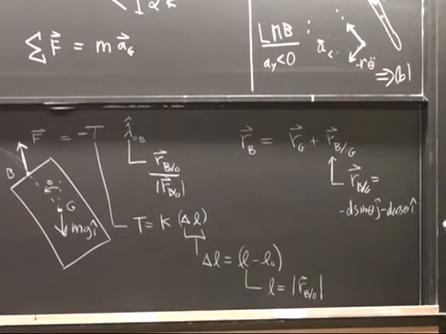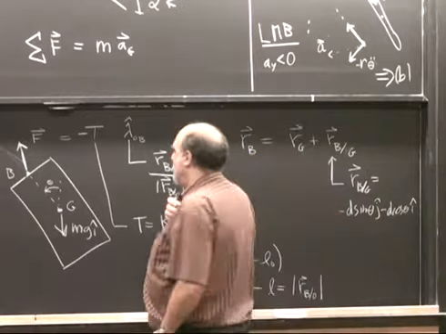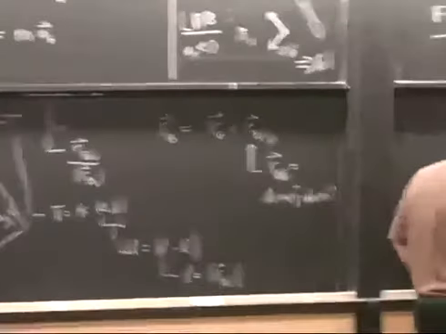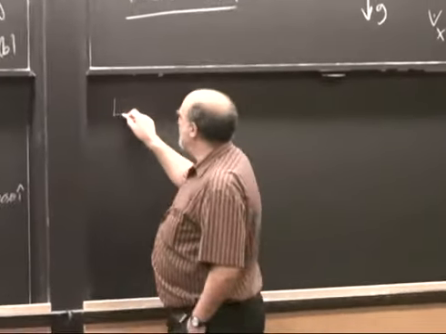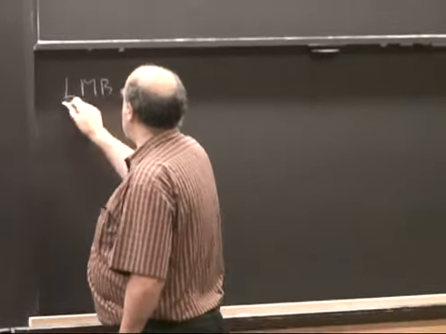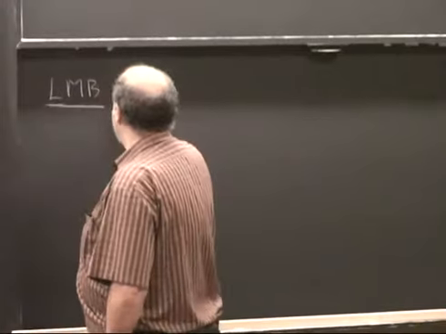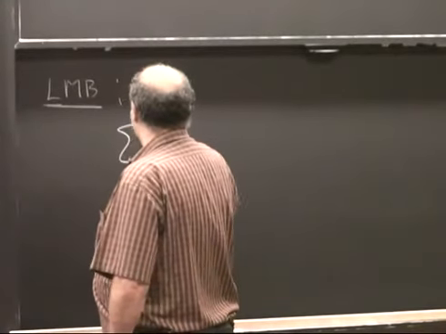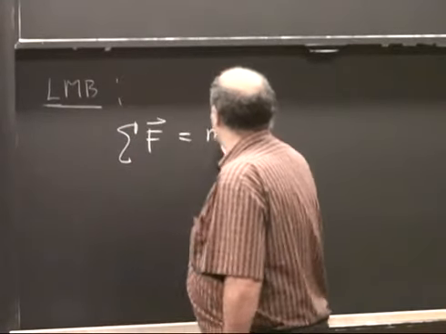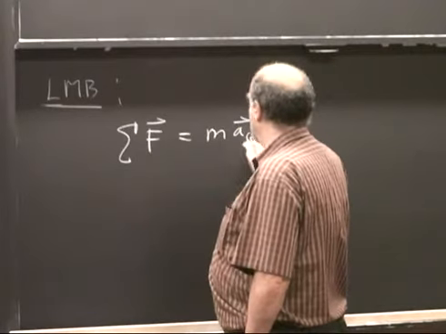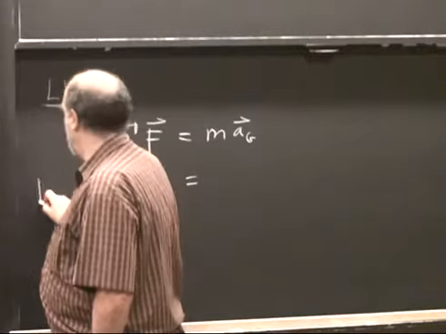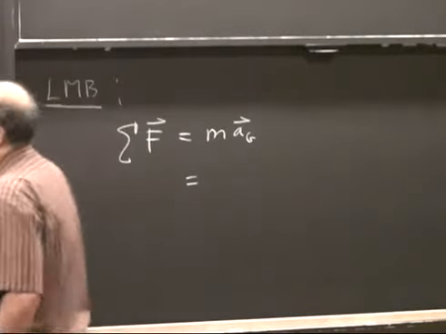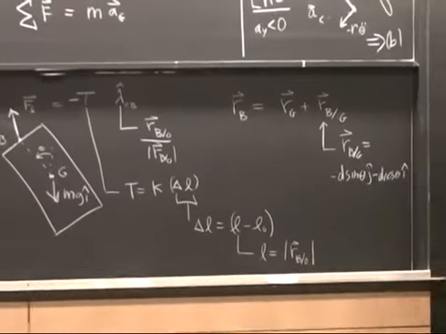OK, so to finish this problem, then all we need is the angular momentum balance equation and linear momentum balance equation. So we take linear momentum balance. And the linear momentum balance equation says the sum of forces is equal to the mass times the acceleration. And what are the sum of forces? It's this thing we called F. Let me just call it F spring so it doesn't look too abstract. There's F spring.